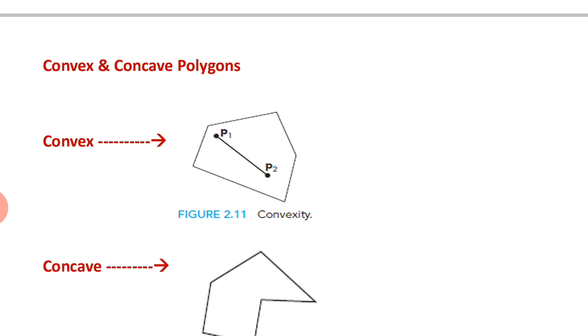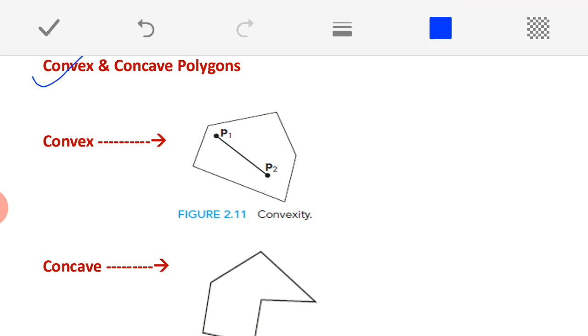Our OpenGL will always prefer to handle the convex polygon, not the concave polygon. Is it clear? If we want to draw any polygon with a filled color, it should be convex only. Now, there are 2 examples I have taken. So, this is the example of convex, and this is the example of what? Concave. Okay.